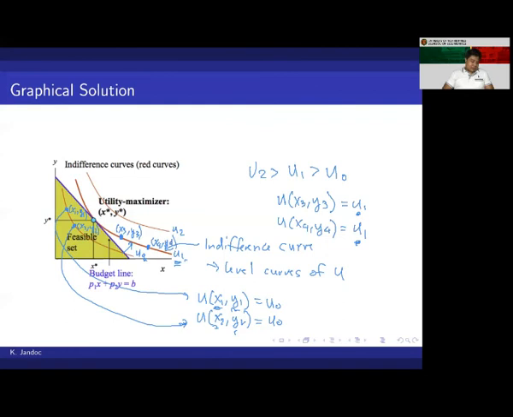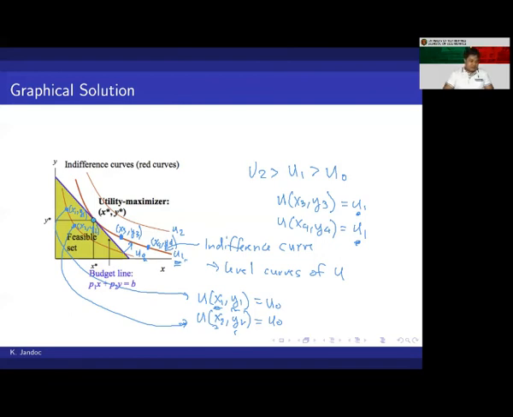Now, first, you know that this problem is equivalent to finding the indifference curve that's farthest from the origin that touches the budget line. You're finding the highest utility subject to your budget. So the indifference curve that just touches the budget line achieves that.